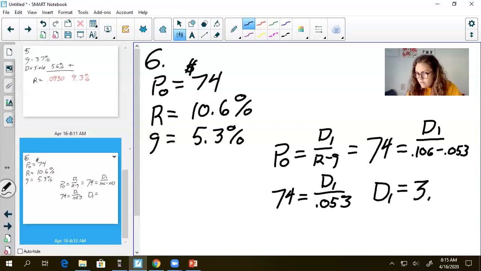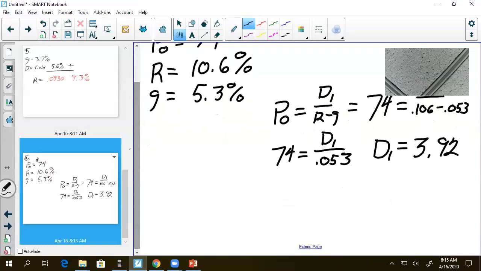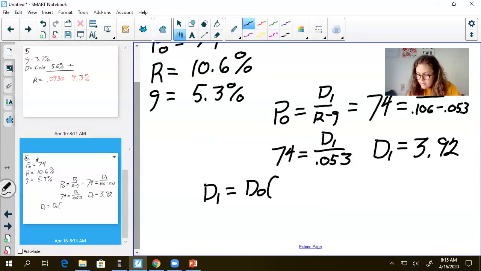Okay, 3.92. But you guys just told me that is not what we're looking for. So what do we need to do now? Find D0. Okay, and how do we go about doing that, Madison? You set D1 equal to D0 times the growth rate plus the rate.